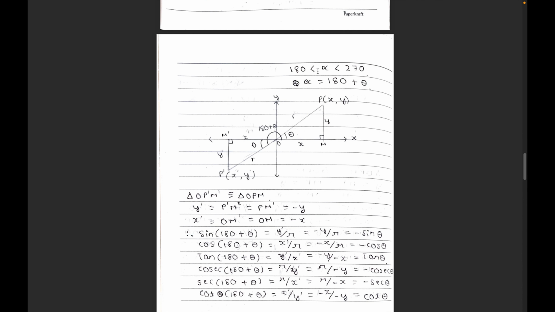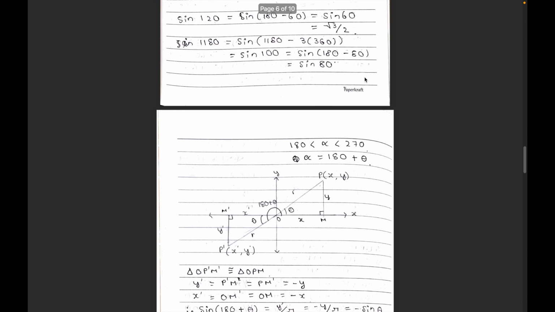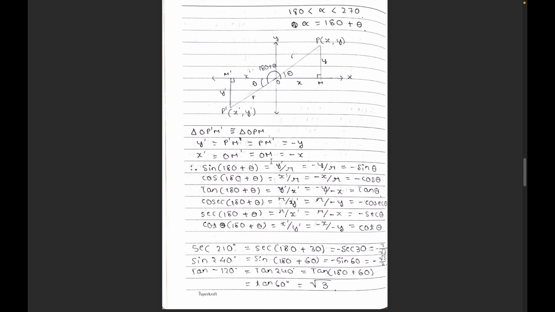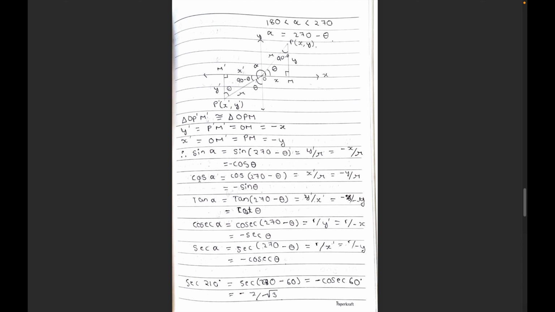So this is extremely important. This means that it's in the third quadrant. This means it's in the second quadrant. This is in the fourth quadrant. That's why, no, it's in the third quadrant.